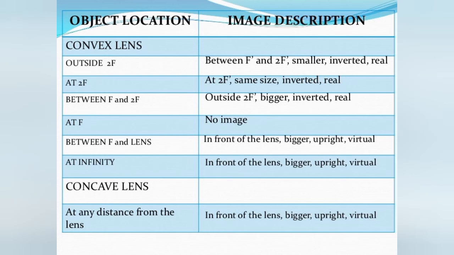This is the position of the object and the position of the image for the convex lens. Also, you might have observed that for a concave lens, if you keep the object at any distance from the lens, it will always form a virtual and erect image. So this is about image formations in the case of a concave lens.